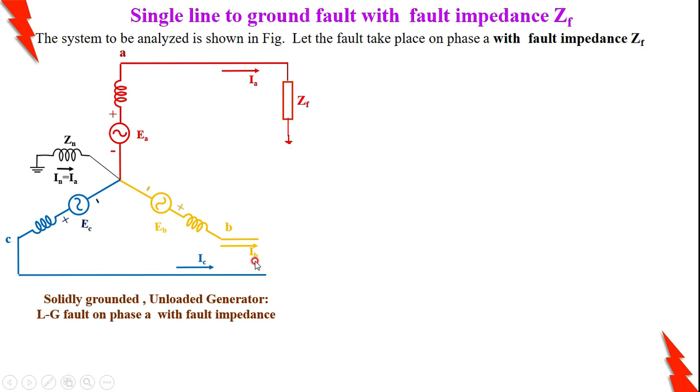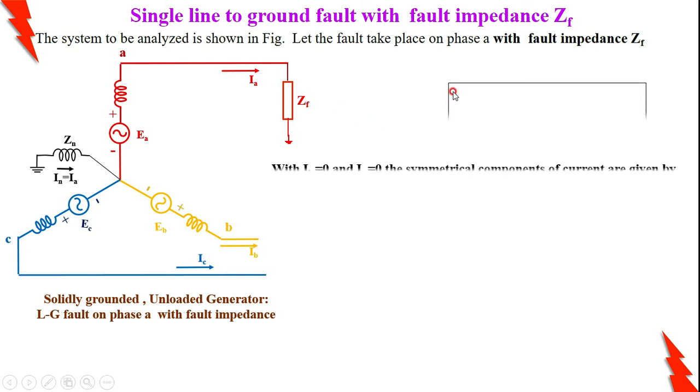That is, one condition is that IB is equal to IC is equal to 0. Then IA is equal to IF. Of course, once again, the fault is involved with the ground. Therefore, the fault current IA is 3 times IA0, and the terminal voltage VA of the faulted phase is IA into ZF.